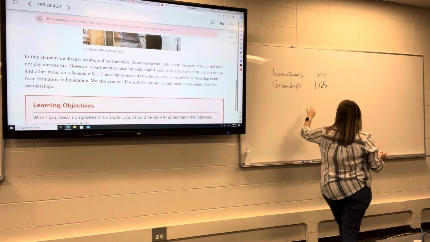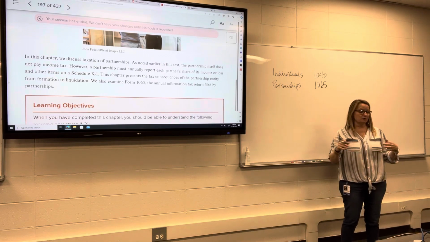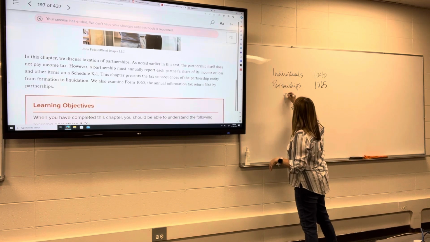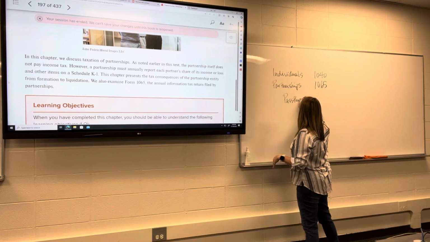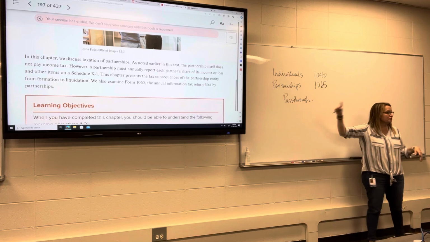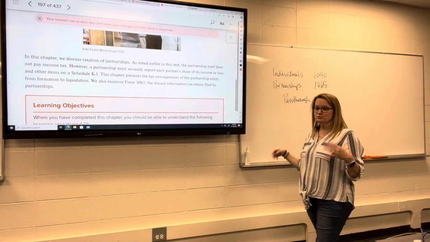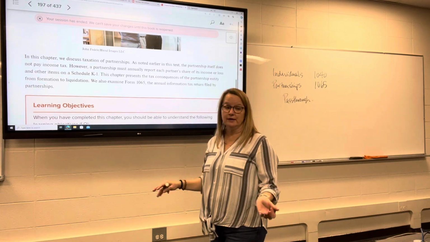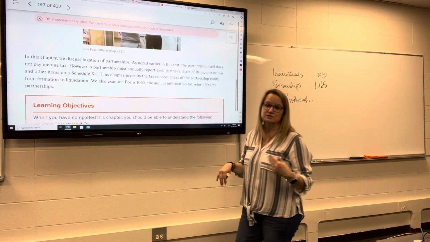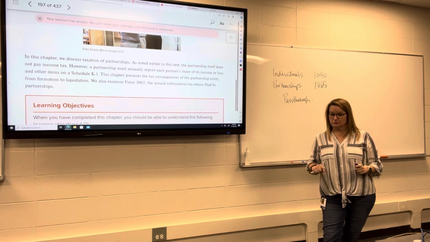So we also mentioned earlier that partnerships are a type of pass-through or flow-through entity, right? By that, it means that the income and expenses of the partnership flow through to the owners of that partnership, whether there are 2 owners of that partnership or 300 owners of that partnership. And the income and expenses flow through based on the ownership percentage of each partner.